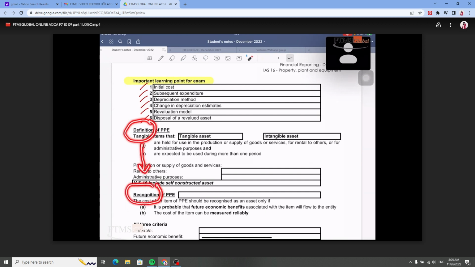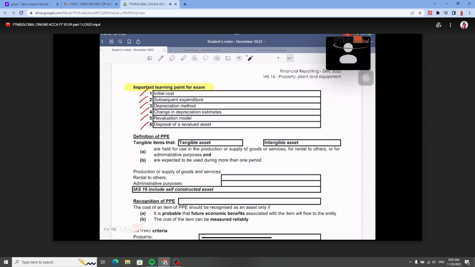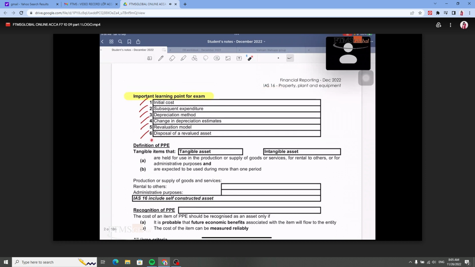So what do I mean? Firstly, if you want to apply IAS 16, you need to pass the definition test first. For the definition test of PPE, property, plant, equipment, the first test is that it must be tangible. Tangible actually means can see, can touch.